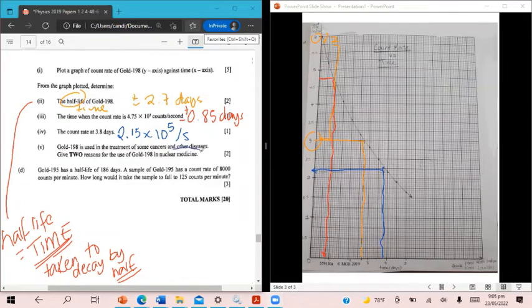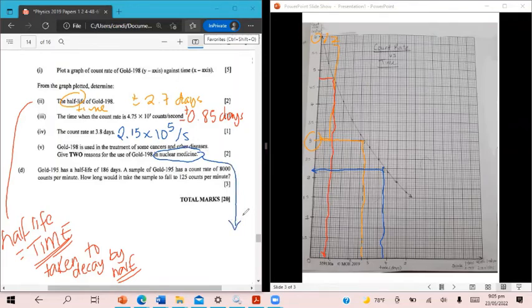Usually when we talk about the appropriateness of a particular isotope in a particular context, it has to do with its half-life and its penetrating ability.